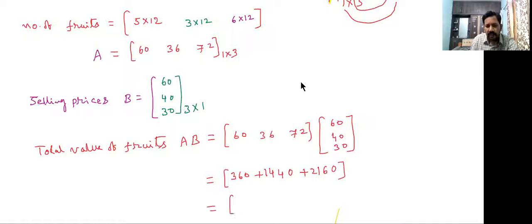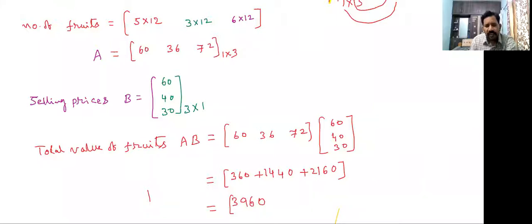How much value do we get? 0, 0, 0. Yes, 0. 6 plus 4, 10, 16. Next, 1, 4, 5, 5, 3, 8, 9. Next, 2 plus 1, 3.